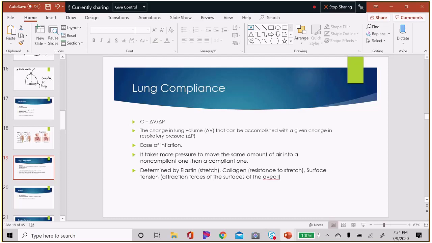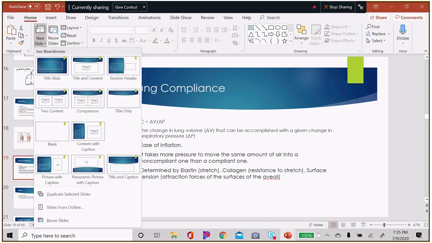In the lungs, a big portion of compliance is the quality of the respiratory parenchyma, the actual spongy tissue. How easy is that to stretch so that I can accept air into the lungs? How giving is the tube itself?